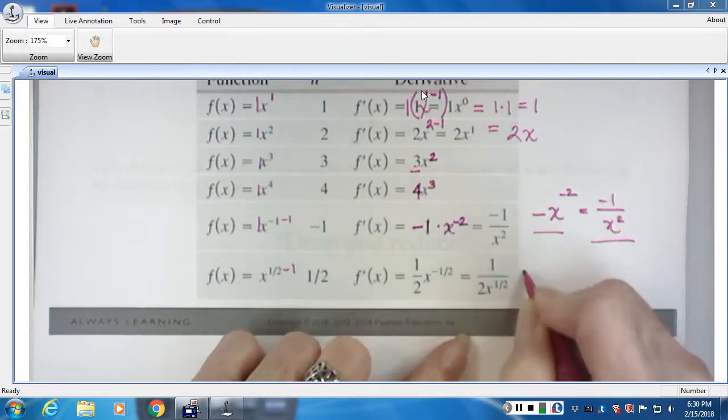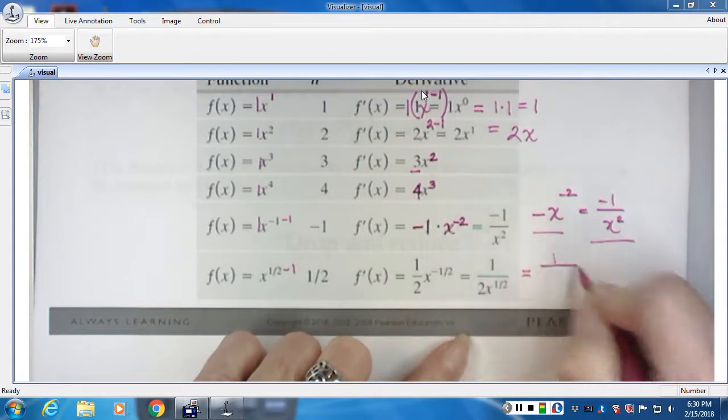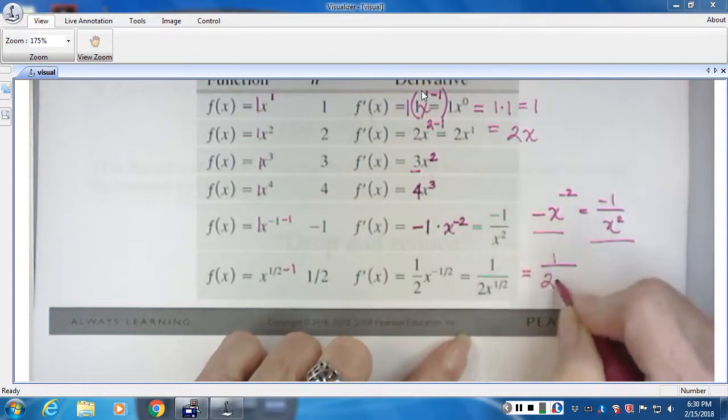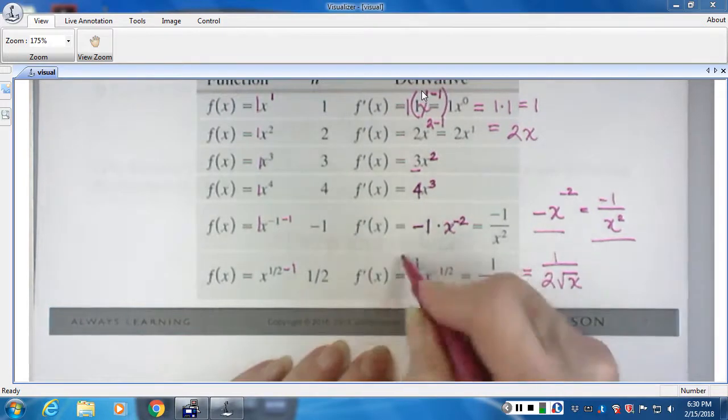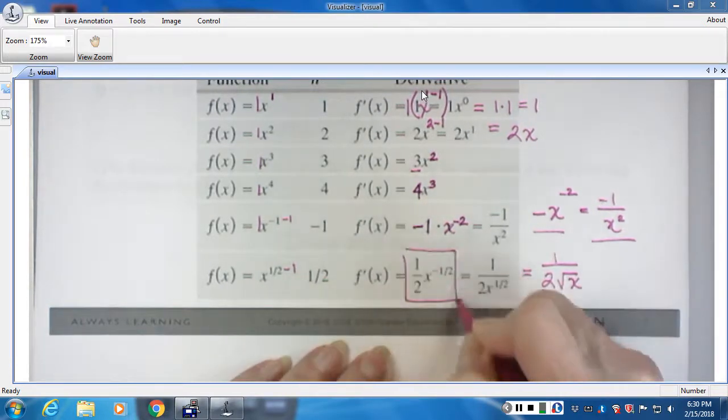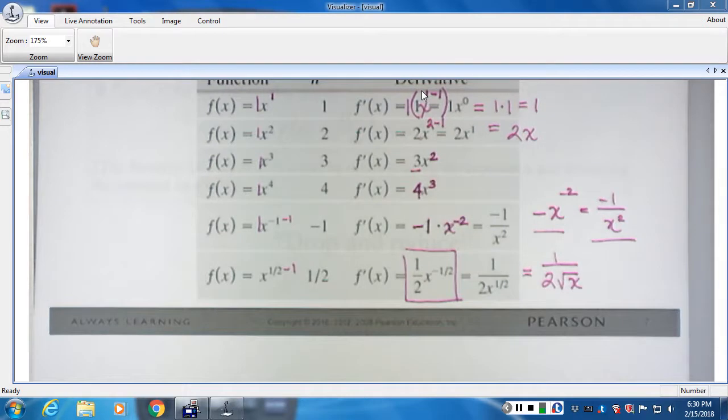And some people even go so far as saying it's 1 over 2 times the square root of x, and that's fine too. Those are all the same thing. I'm happy if you leave it at this. The others are just algebraic manipulation. Okay? I want you to know how to do the calculus. We'll do algebra when we have to. If we don't have to, then we don't have to, and I won't count off if you don't.